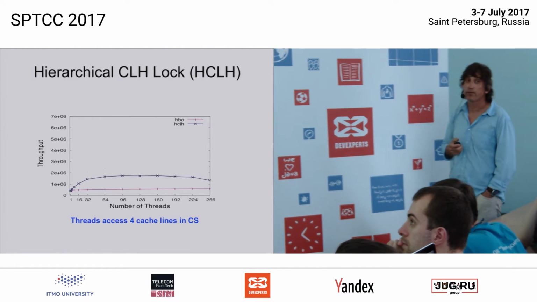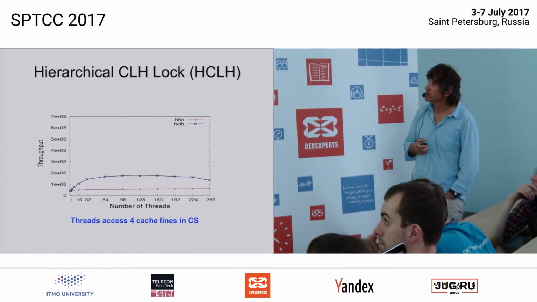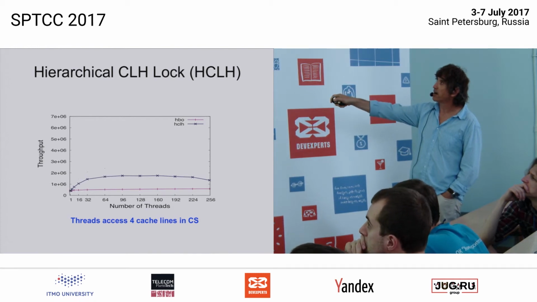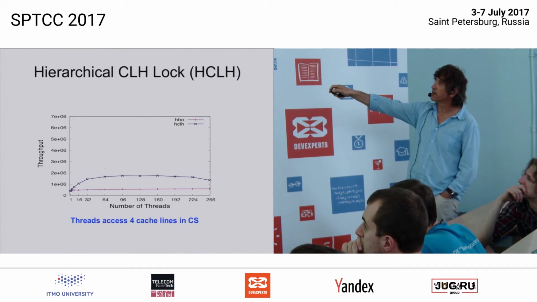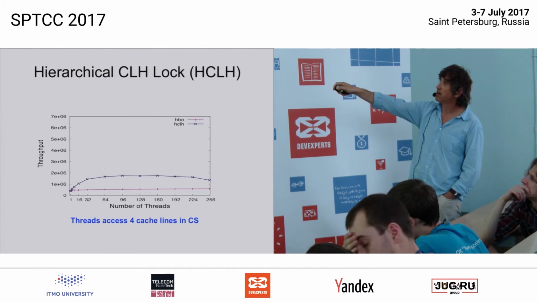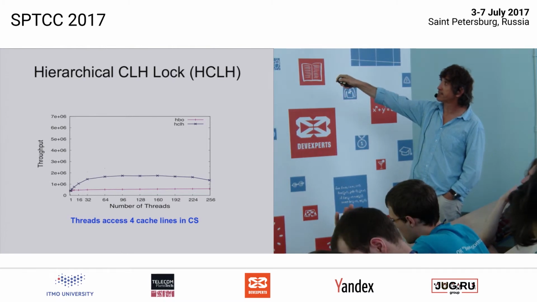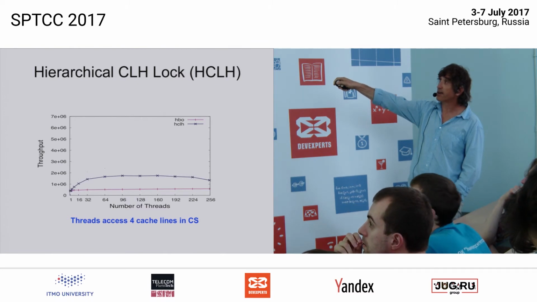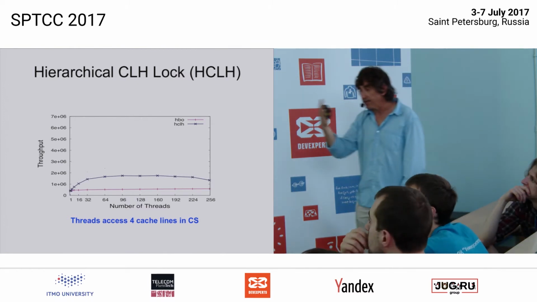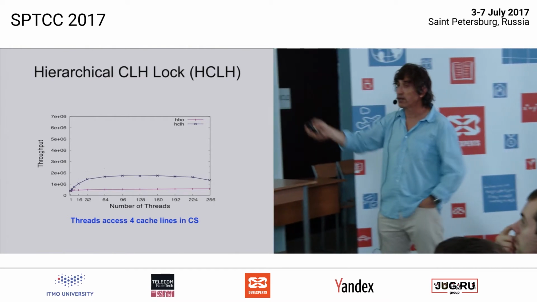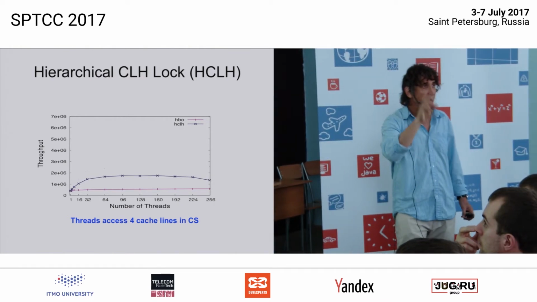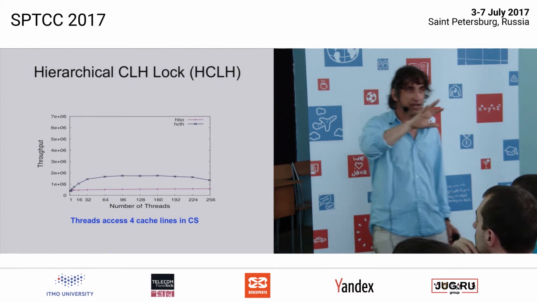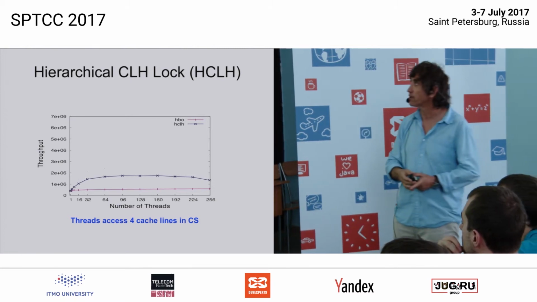If you look at the performance of the hierarchy, as I go from 1 to 256 threads, I am accessing 4 cache lines. So in this experiment that I'm showing you here, in the critical section, I have 4 cache lines that I'm accessing. These are the ones that I'm checking to see how much they thrash around.